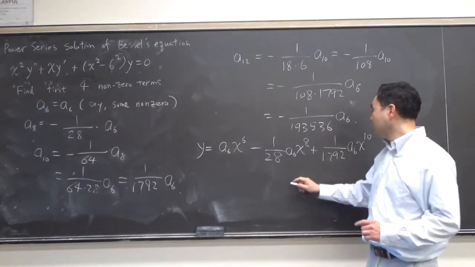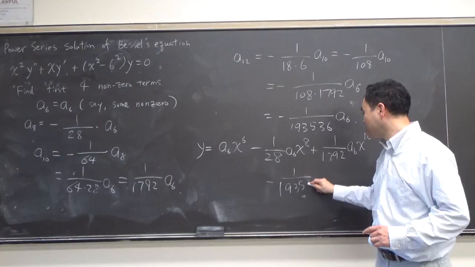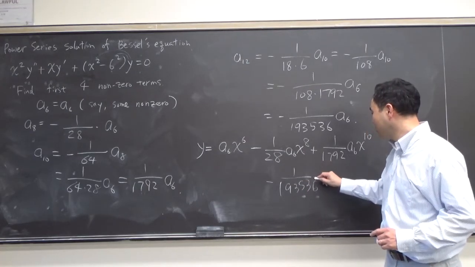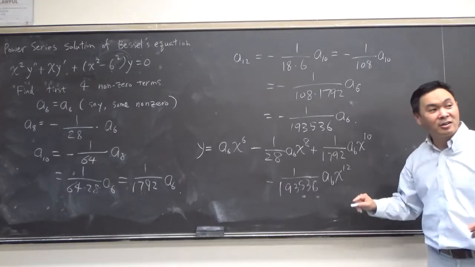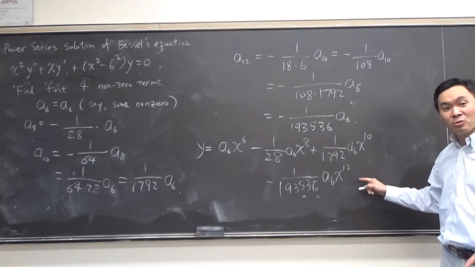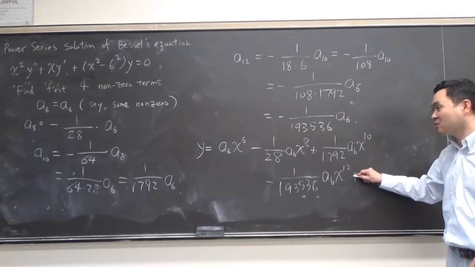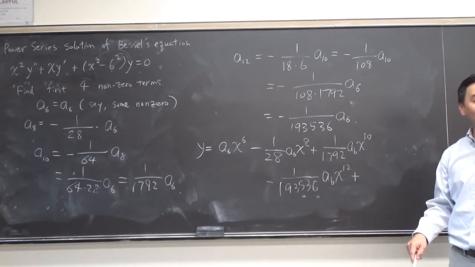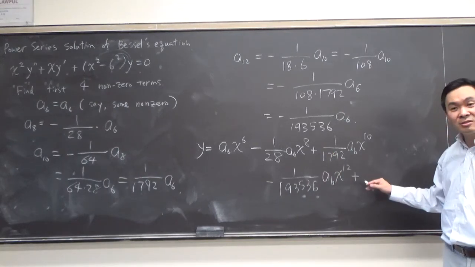And then minus 1 over 193536, A6 x to the 12th power. And the important thing is, after this, what should you write? n greater or equal to 2 is for the recurrence relation. This is your answer, because that's different. Plus dot dot.